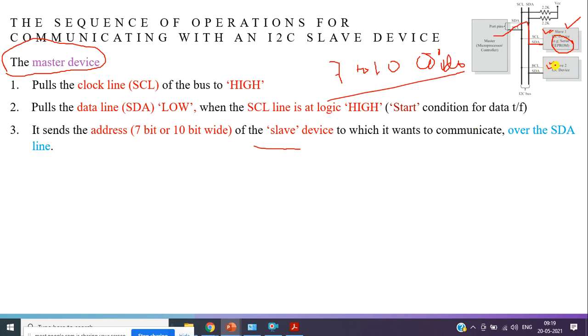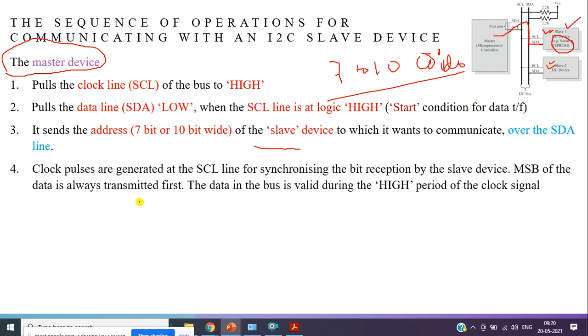The same address is sent to slave 1, slave 2 as well as slave 3. If that address matches slave 1, then slave 1 in turn sends an acknowledgement: yes, this is my address. Or if that address matches slave 2, then slave 2 will send an acknowledgement stating that, if this is my address, what job needs to be performed by me, tell me. So this is how the communication takes place.